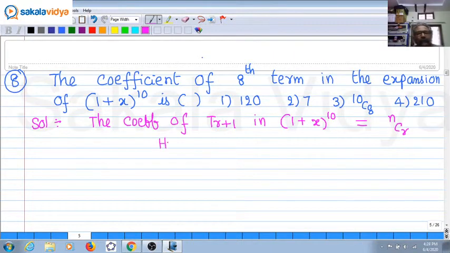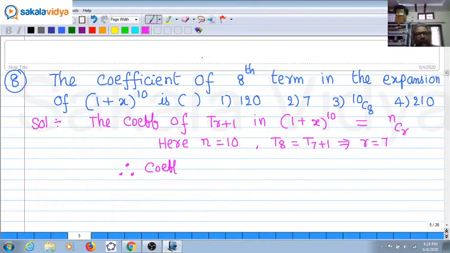Here n stands for 10, eighth term T8 we can write as T7 plus 1. That implies r value is equal to 7. Therefore, coefficient of eighth term equals nCr, n is 10, C 7.